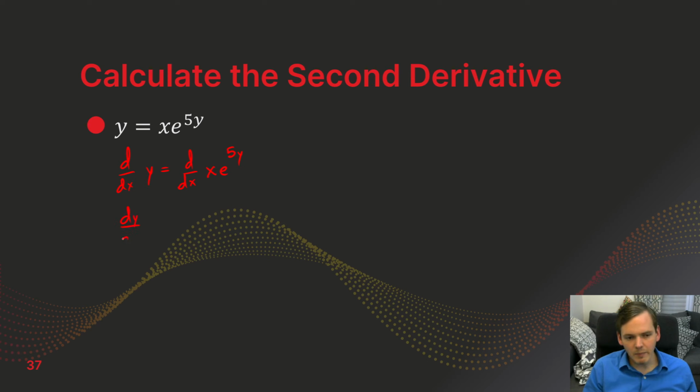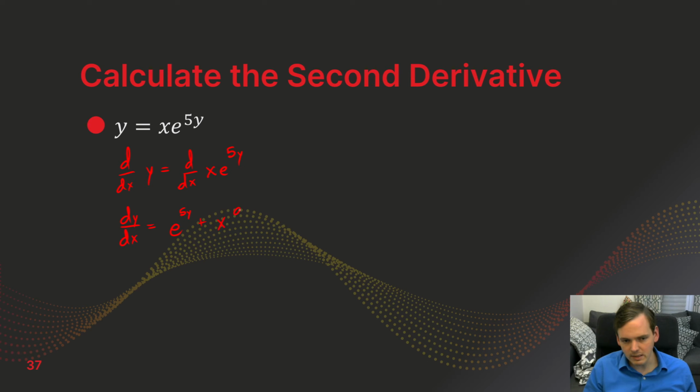So dy by dx is equal to, now we need to use the product rule. So the derivative of the first term, that x, that first function, is going to be 1. So we're going to get e to the 5y plus the derivative of the second term, which is e to the 5y times x.